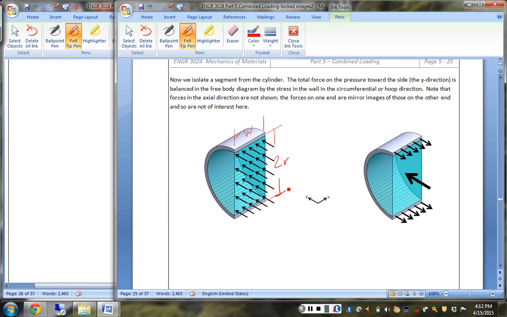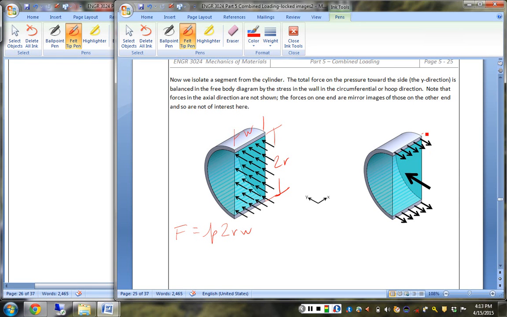All right. So if we do the same sort of formulation, what would be the force because of the hydrostatic pressure this way? It's the pressure times 2RW. So pressure times area is the force. And how about this guy?